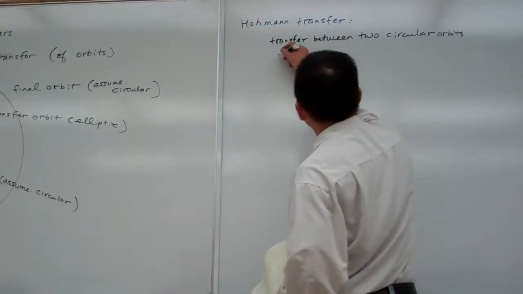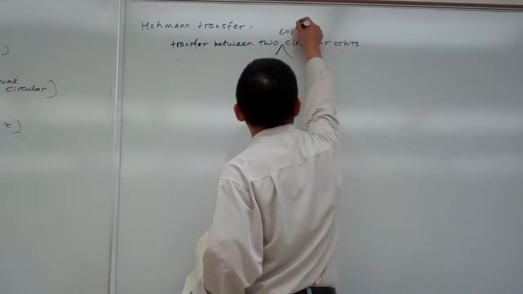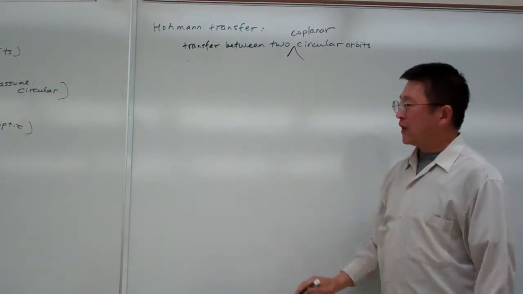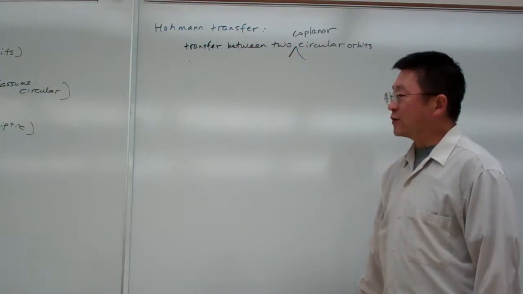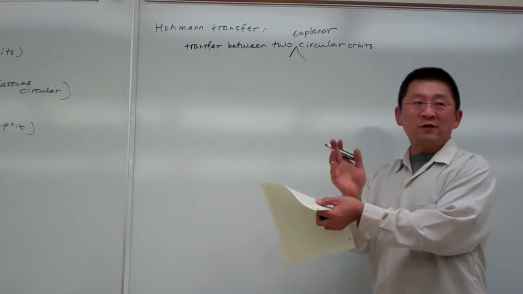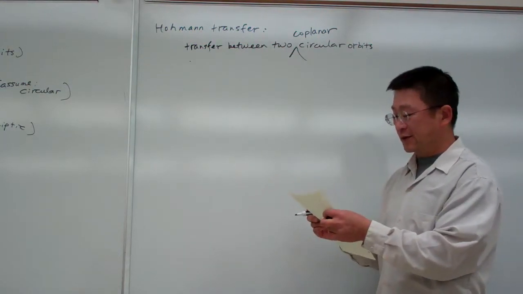And actually, two coplanar. So basically, two initial and target orbits must be on the same plane. If they are out of plane, then we have a different technique we can talk about in a few other chapters here.